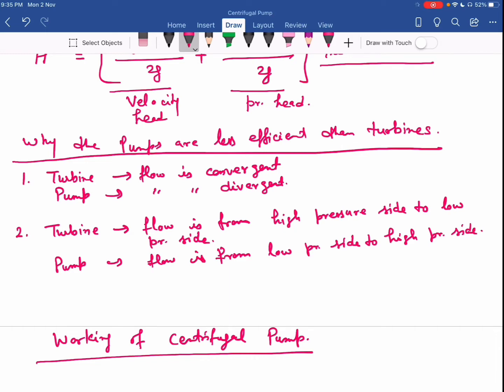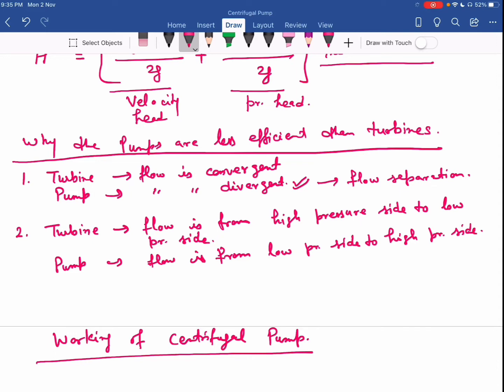Now you can see in a divergent flow, there is a chance of flow separation. The flow separates from the blades, so eddies are formed.